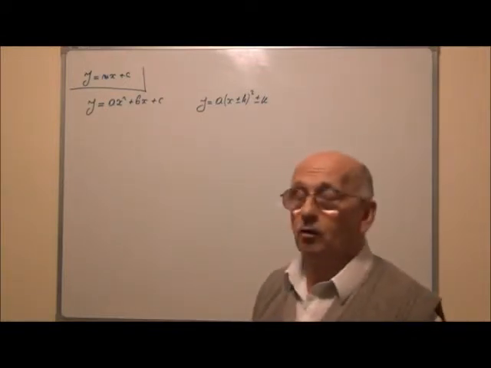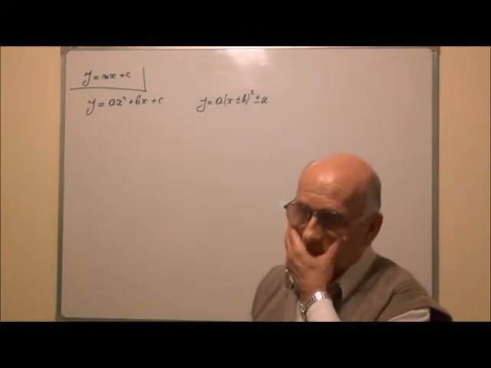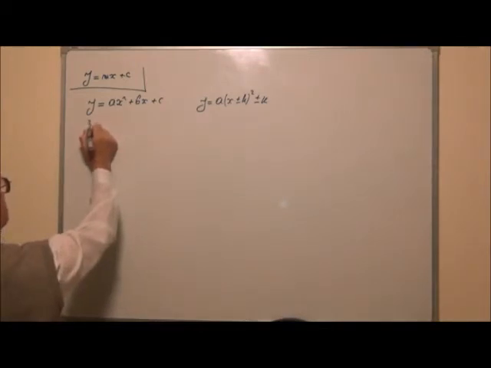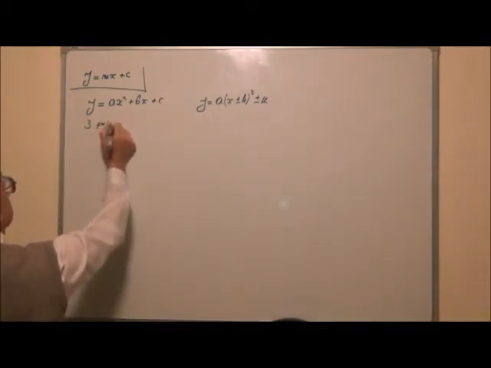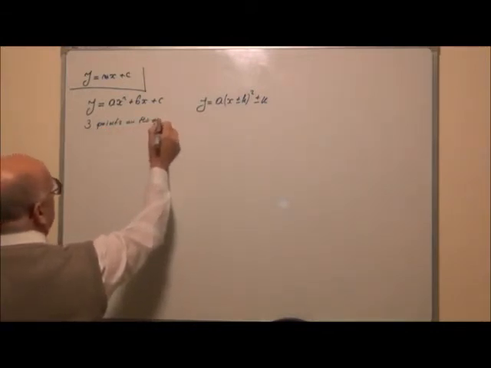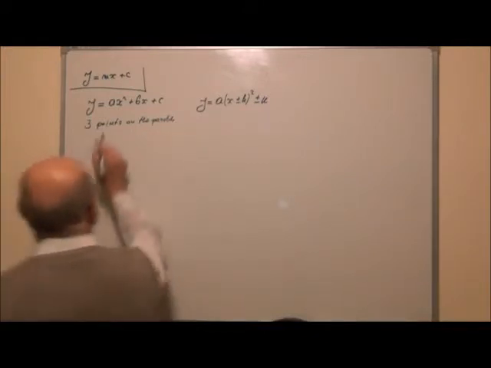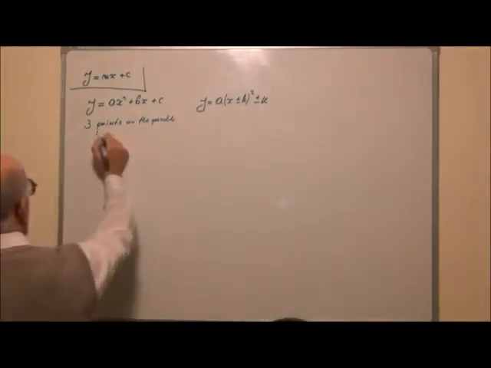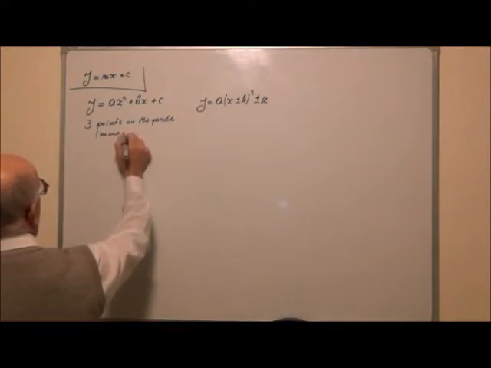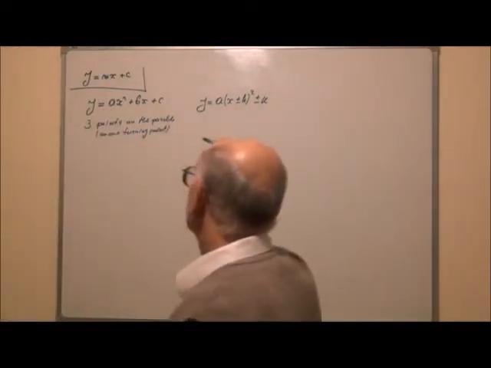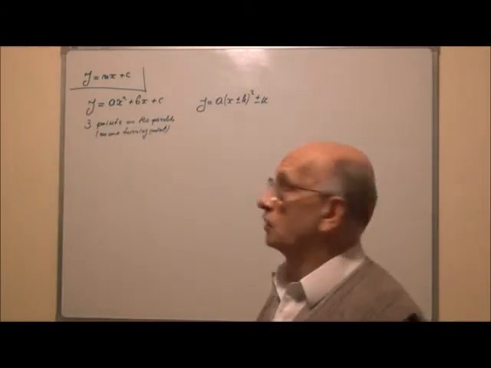However, what we have to know is that if there are 3 points, but no turning point, in that case we have to use the standard form to write the equation of the parabola.